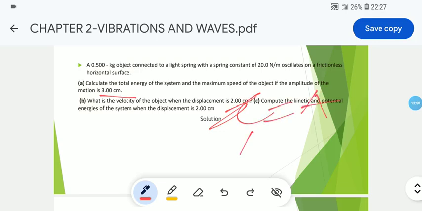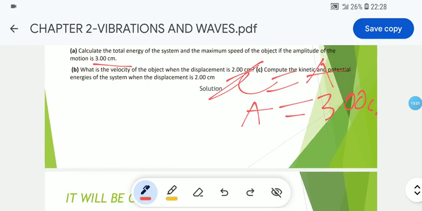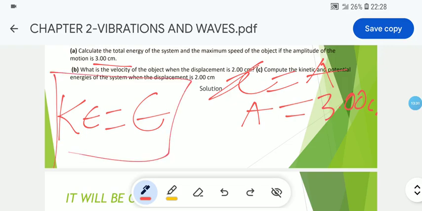If we want the maximum speed, our x is equal to 0, so the only energy giving the mechanical energy is the kinetic energy. So you can equate these two for finding the maximum velocity.